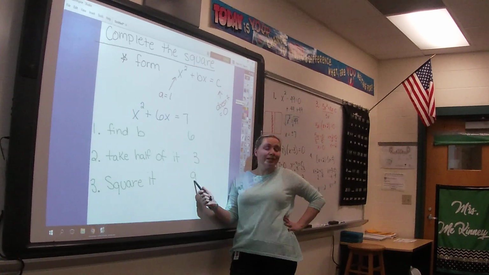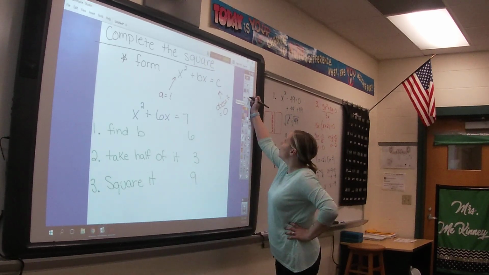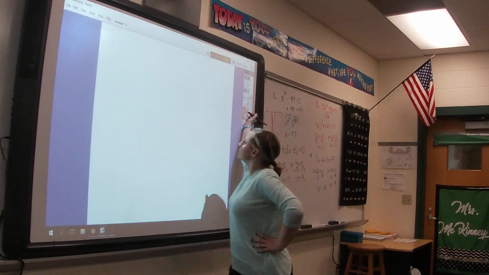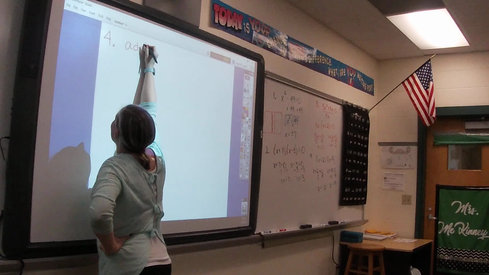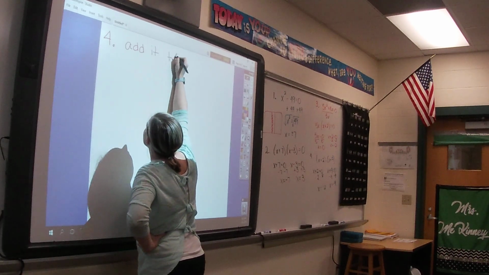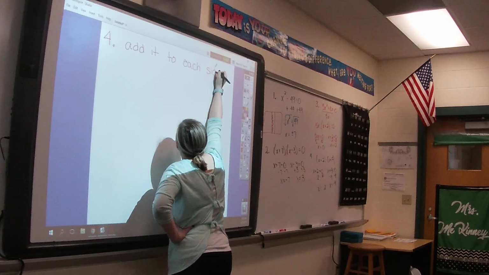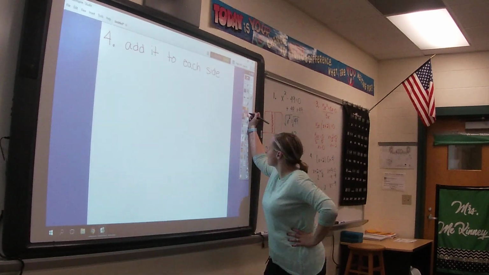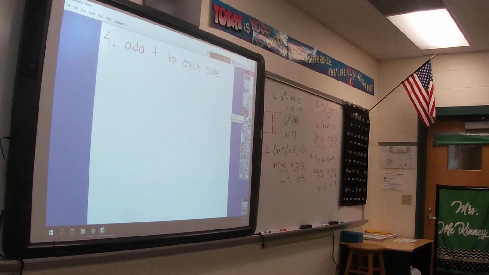So once we get this 9 right here, step 4 says that we are going to add it to each side. So I had an equation.